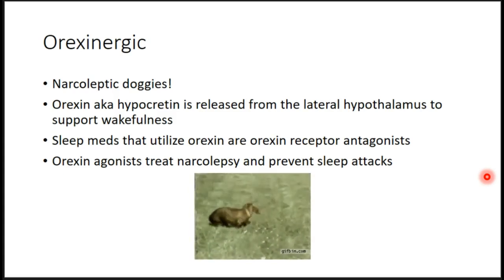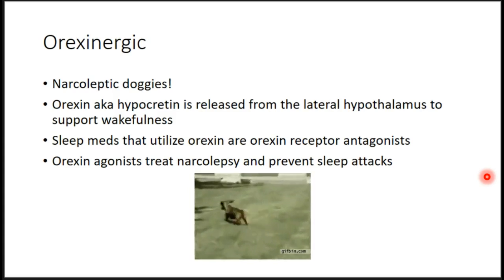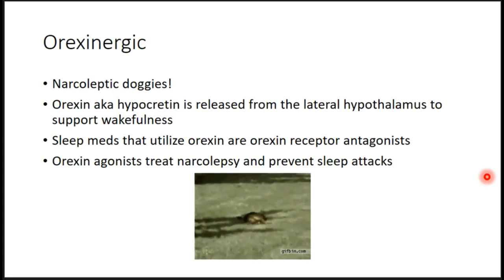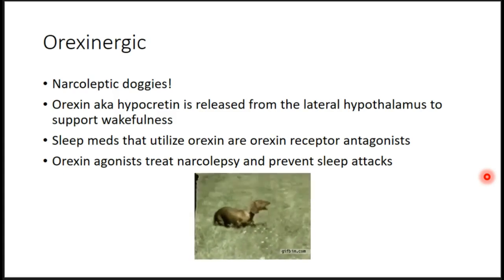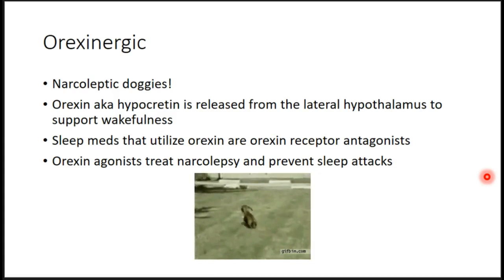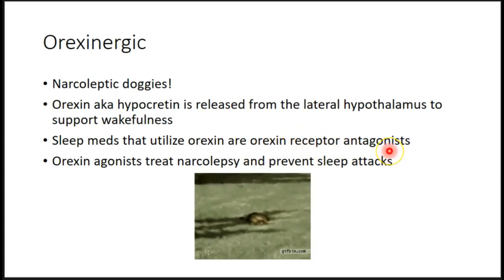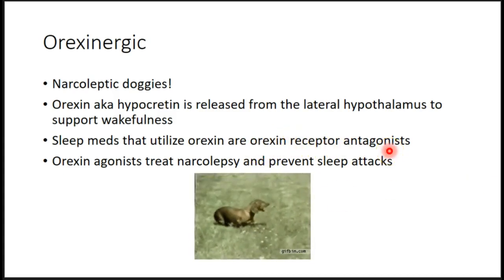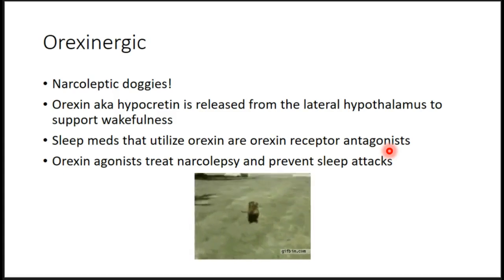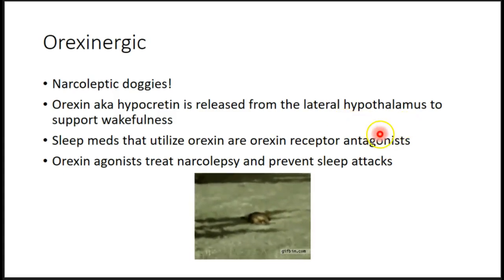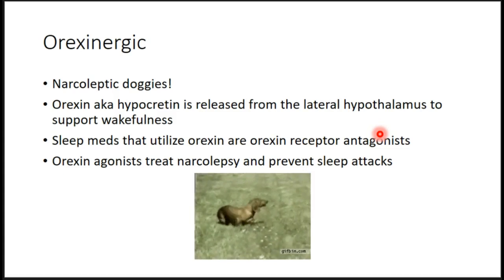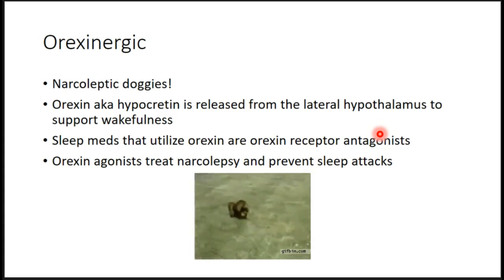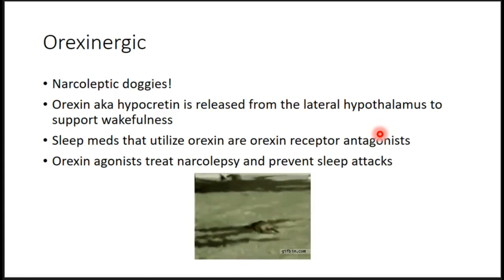And if you are narcoleptic, there's a good chance that you lack these neurons for some reason. Therefore, we can use orexin receptor antagonists to block the effects of orexin, and then you get to fall asleep, basically. Or at least what it really is mimicking is the state of narcolepsy, which a sleep attack is not really sleep.